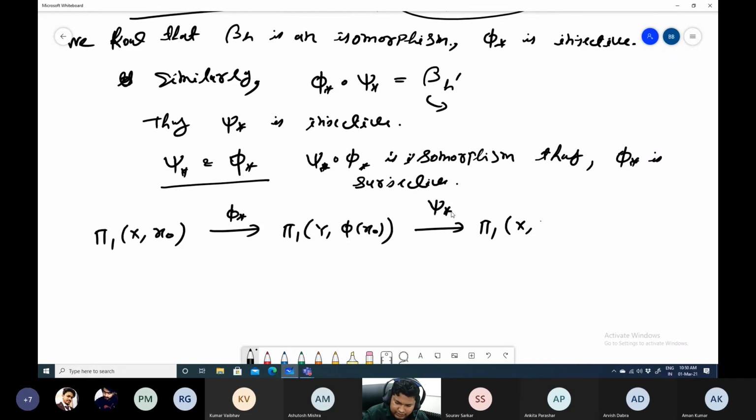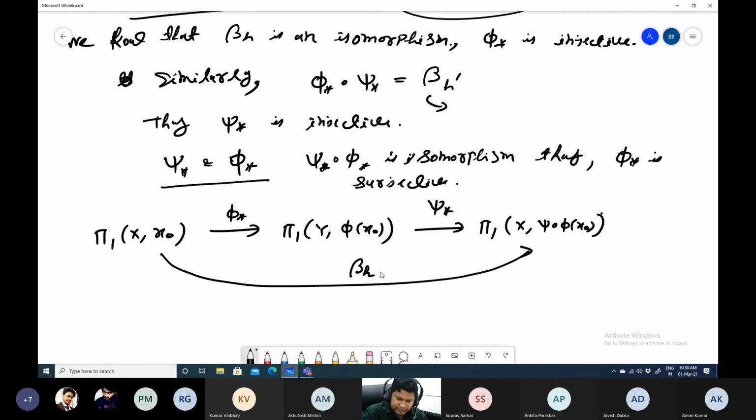This is psi star, to pi1(X, psi phi x0). Now suppose this map is my beta h. Now what do you have? Phi star is injective, psi star is injective, and beta h is an isomorphism.